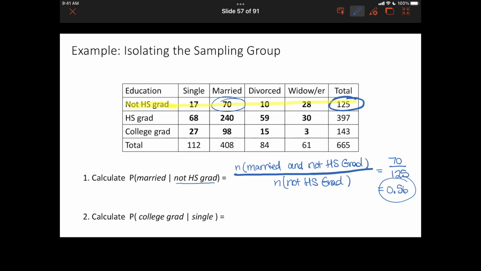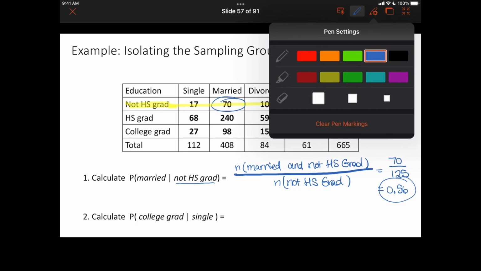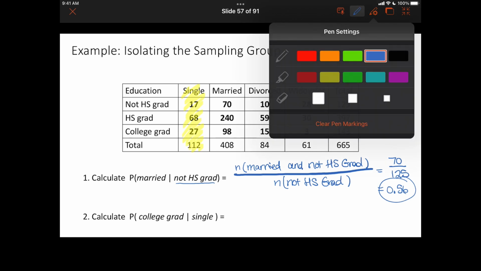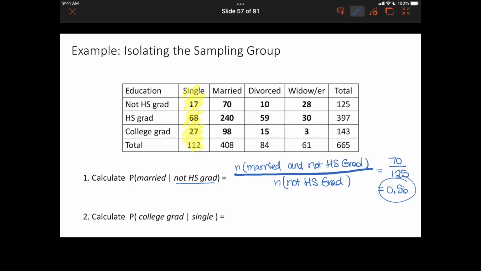All right, let's try this one. Second one. Calculate the probability that someone you choose is a college grad given that they're single. Okay, so now we're focusing in on the single group, which is a column in our table. So I'm looking at this column, and I want to know what's the probability that I choose a college grad given that I'm choosing from the singles.